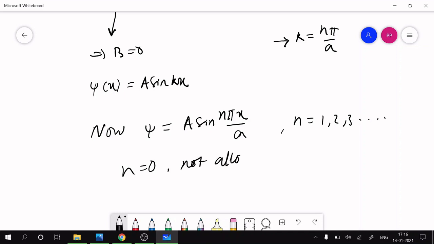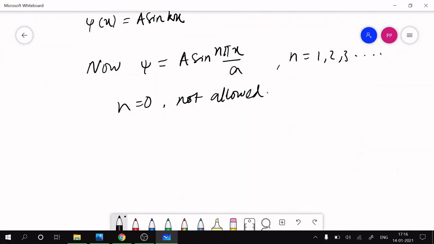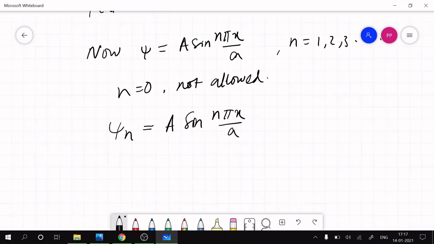Why? Because the wave function itself vanishes for n equal to 0. So for different values of n, we will get ψ_n.